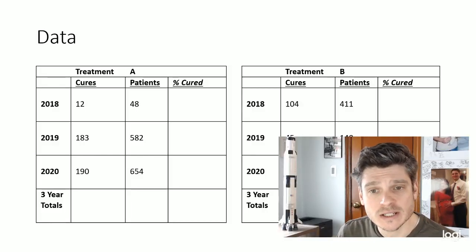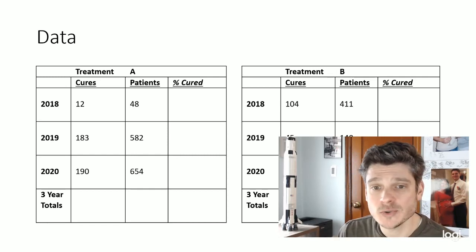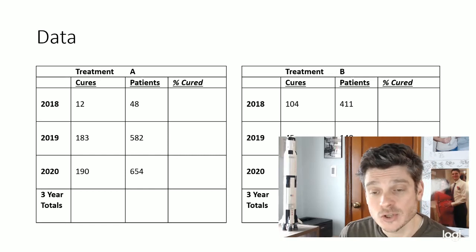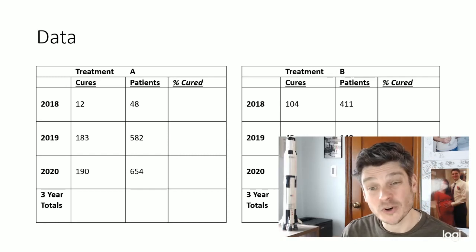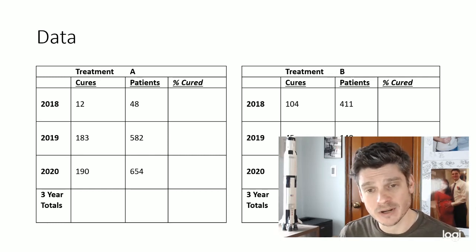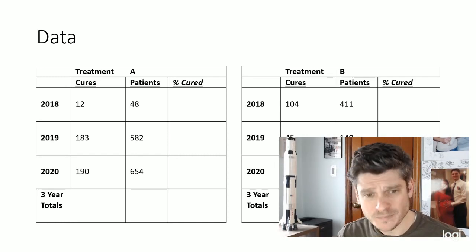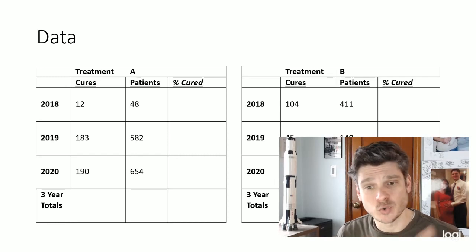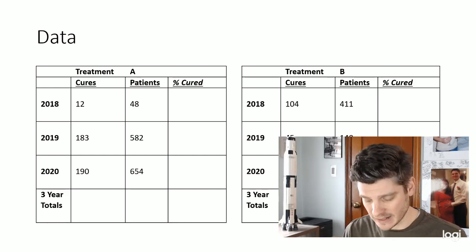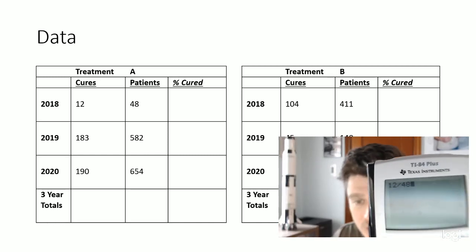So here's the data, and we have treatment A and treatment B, and we can see that we have the years 2018, 2019, and 2020. If I want to find out what percentage of the patients were cured in each one of those years for each one of those treatments, I'm going to go through one by one and use my calculator. For the first one, there were 12 patients cured out of the 48, which means I'm going to divide 12 by 48 on my calculator.